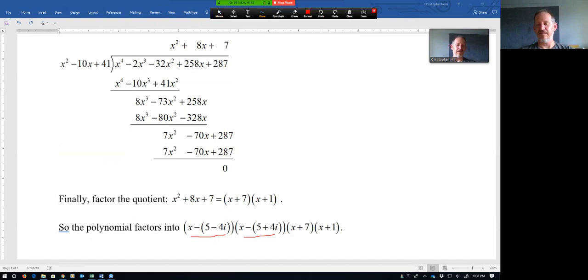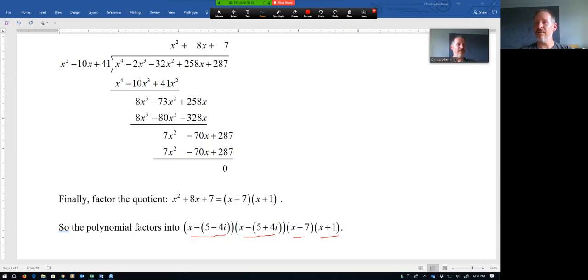So those are the factors that gave me those two. And then it's times this polynomial here, but that gave me x plus 7 and x plus 1. So the entire polynomial will factor into these four factors, which would give me the four zeros of 5 minus 4i, 5 plus 4i, negative 7, and negative 1.